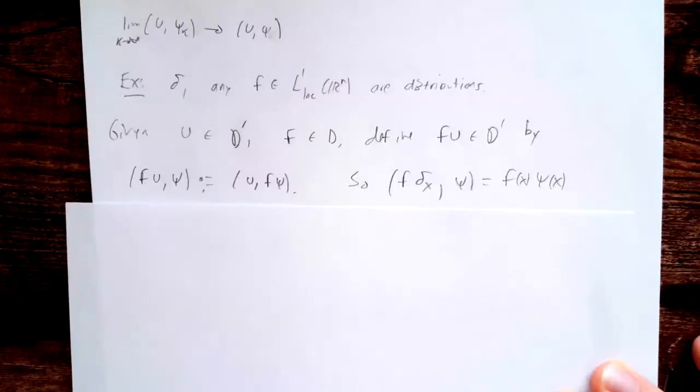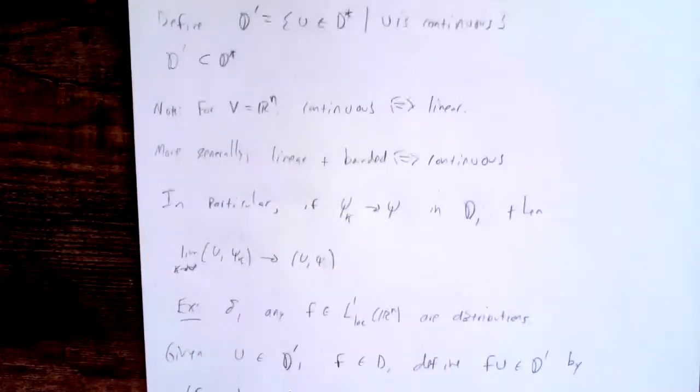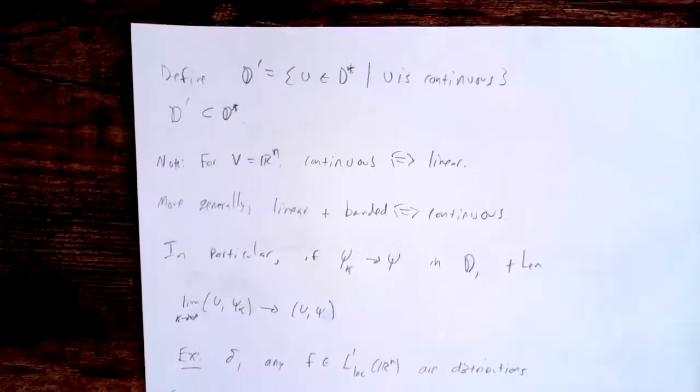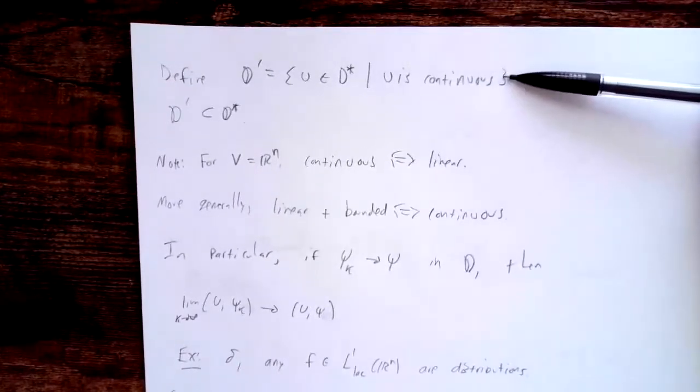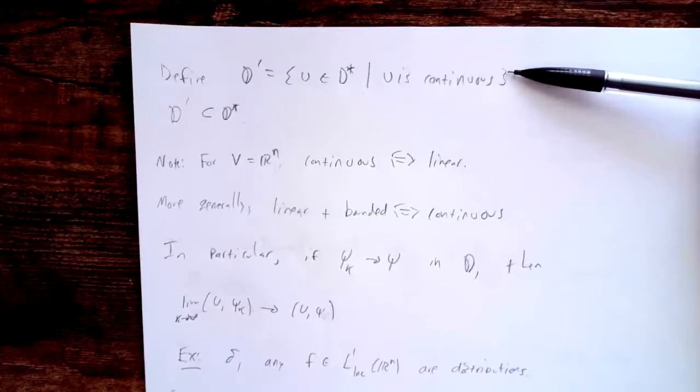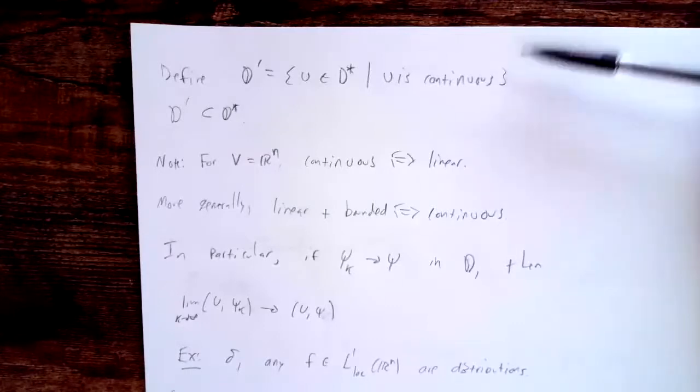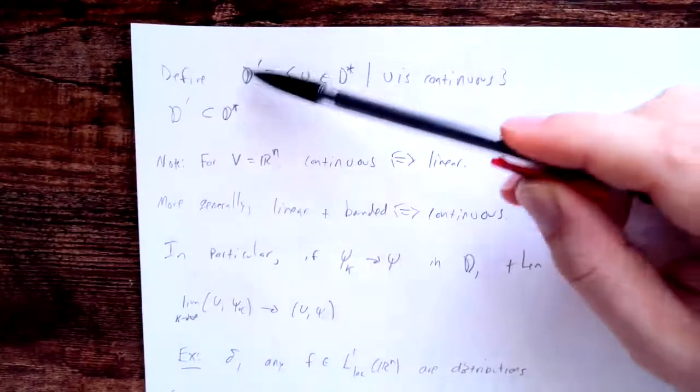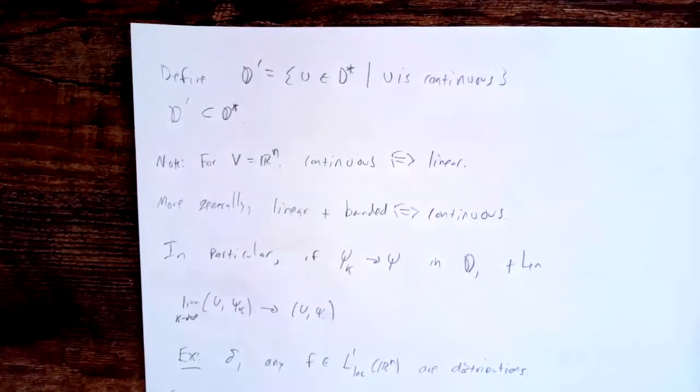Do we have a formal definition of what a distribution is? Yeah, we've done that. A distribution is the set of all elements in the dual space that are continuous, where D is the set of test functions. So D prime, that's your space of distributions. So if it's in D prime, it is a distribution?